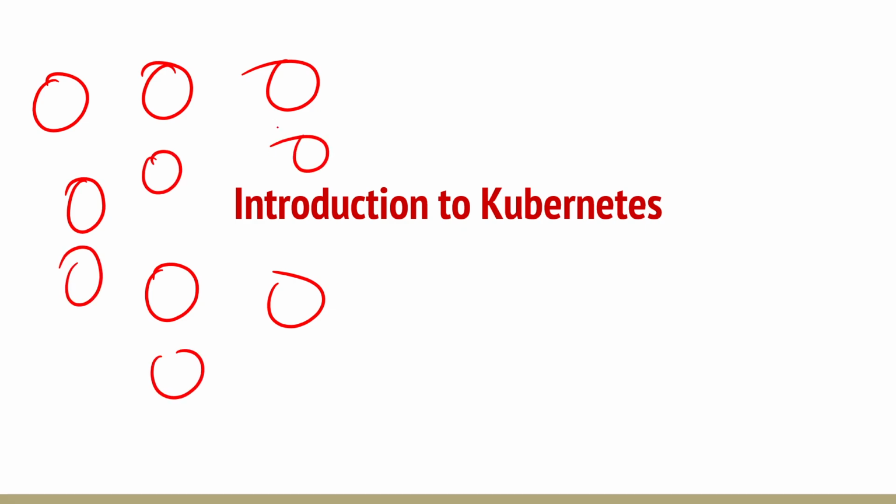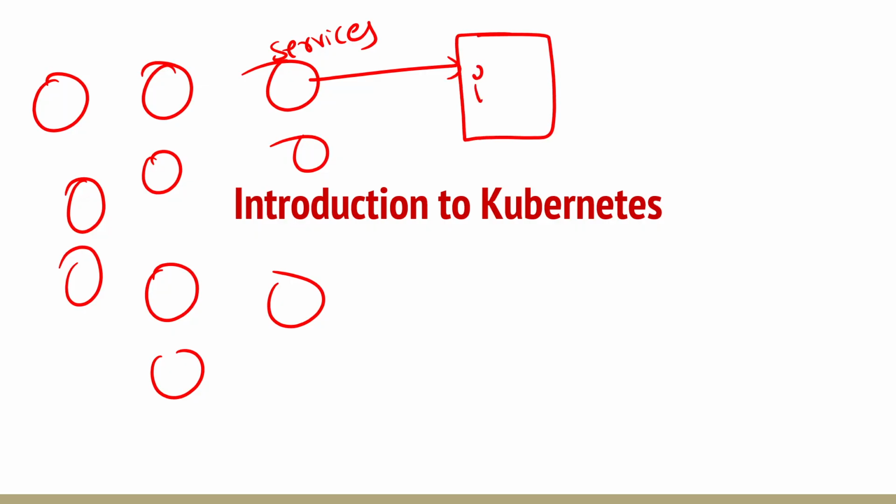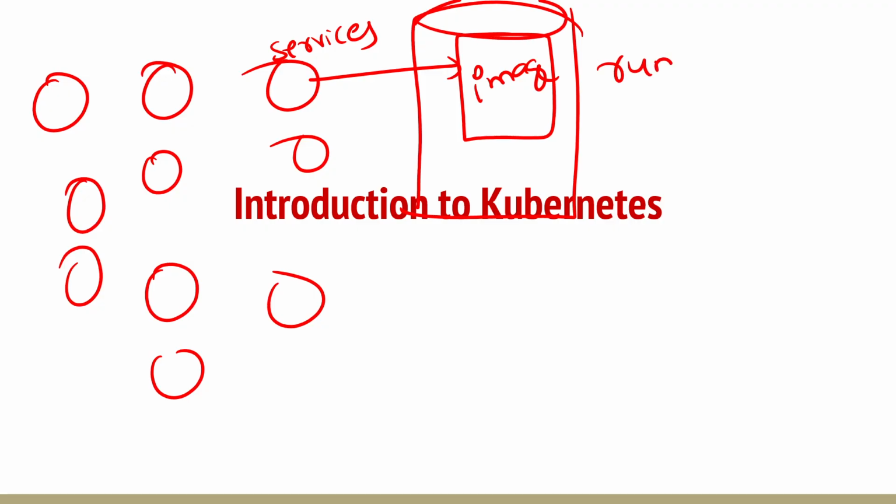These things I am clubbing along with the code and making an image. This image I am putting in a container and running the containers. So if a container is running fine, it means the application is running.